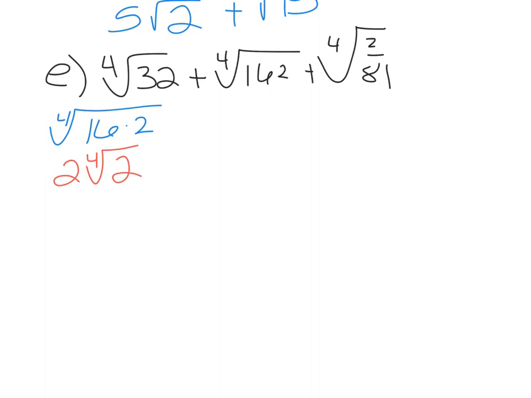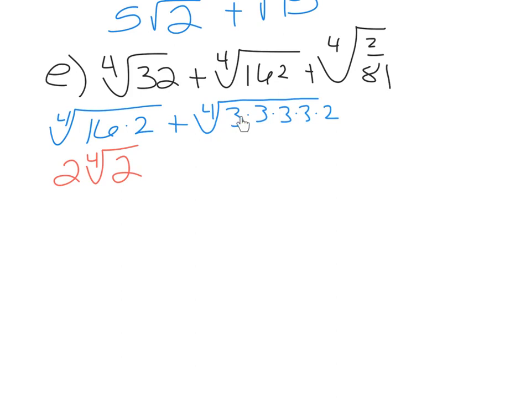The second term, on the other hand, you might want to use prime numbers. See if you can look for 4 of the same. If you break this down using prime numbers, you end up with 3 times 3 times 3 times 3 times 2, using the tree and all that. And I'm not going to show that because you should already know that.